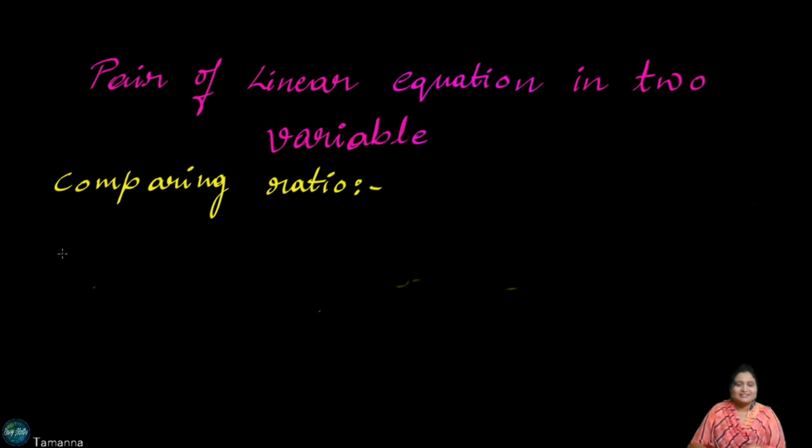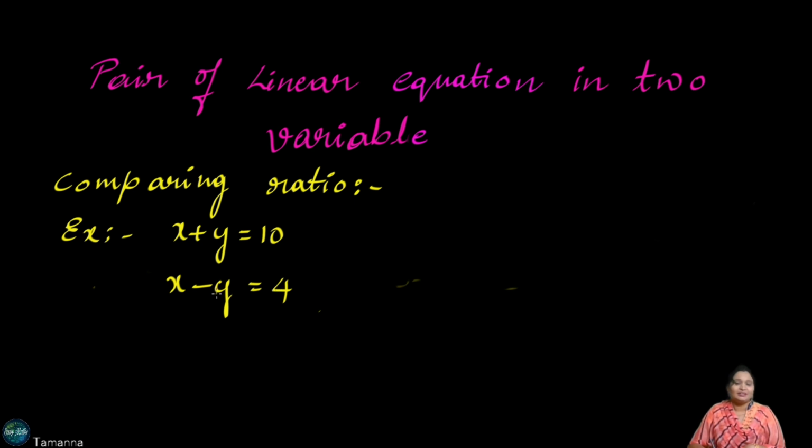Shall we take one example? For example, here x plus y is equal to 10 and x minus y is equal to 4. So is it an intersecting line?